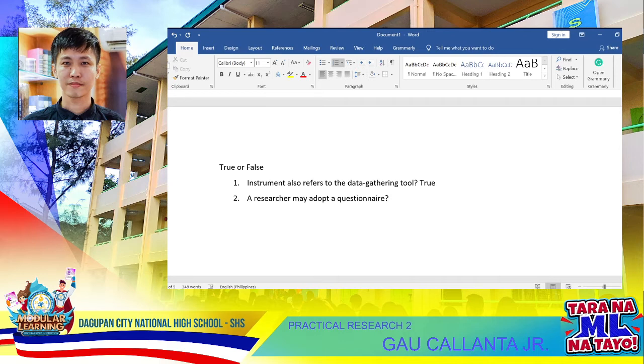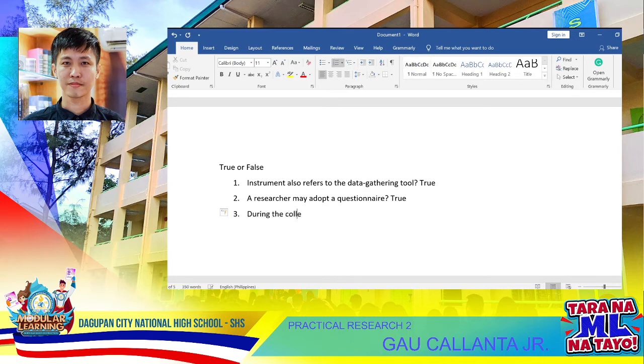Yes, the answer is true. You may adopt a questionnaire provided that it is similar to your topic, provided that it is looking for the same thing as stated in your statement of the problem, and provided that you have been permitted by the original authors of the questionnaire. So you may adopt a questionnaire. That's true.